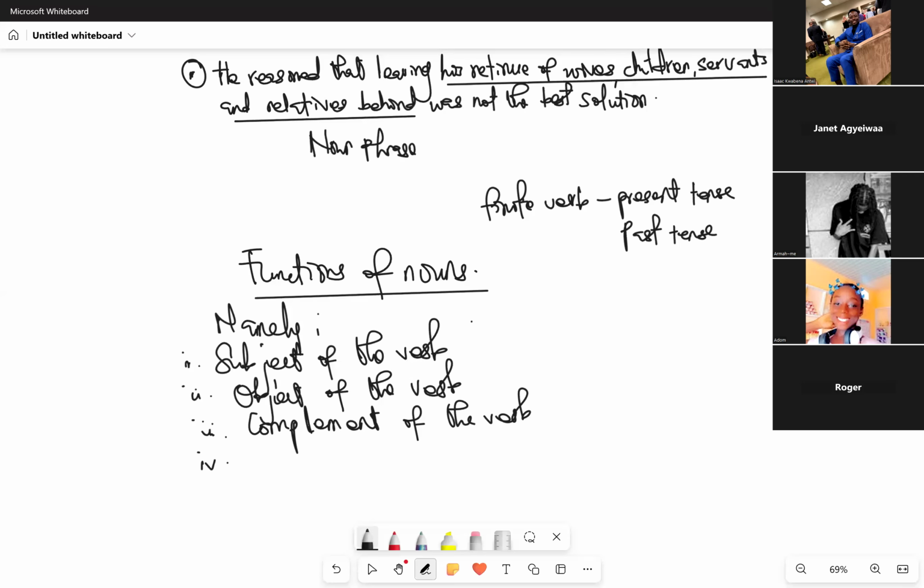Four, object of the preposition. Five, in apposition with.